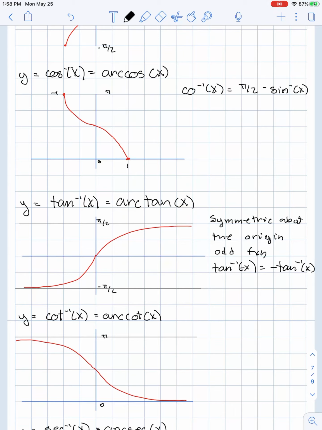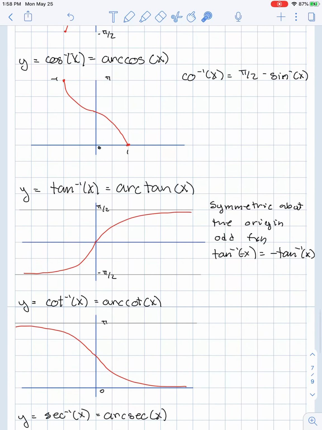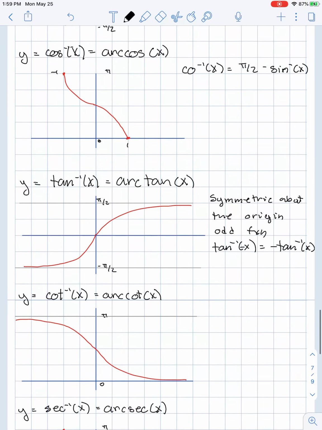These gray lines I've drawn here are horizontal asymptotes. So arctan is never going to achieve pi over 2 and negative pi over 2, but it's going to come very close as we go off into the horizons. Arccotangent is also going to have asymptotes at pi and at 0. I didn't draw the one at 0 because I wanted you to see the axes.